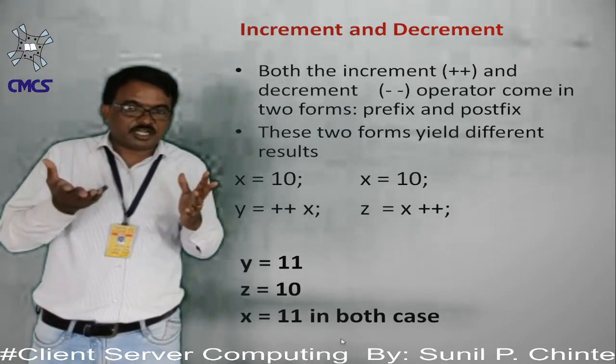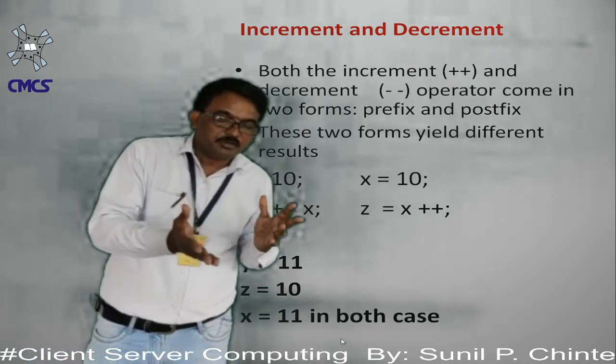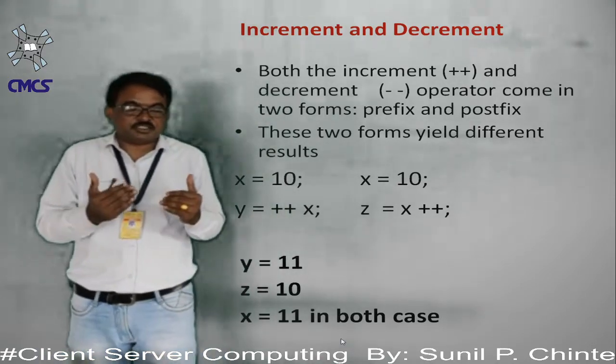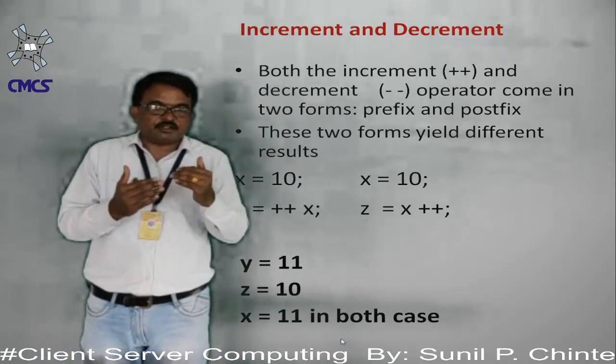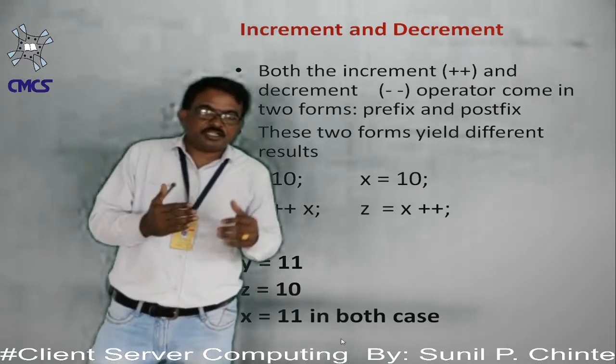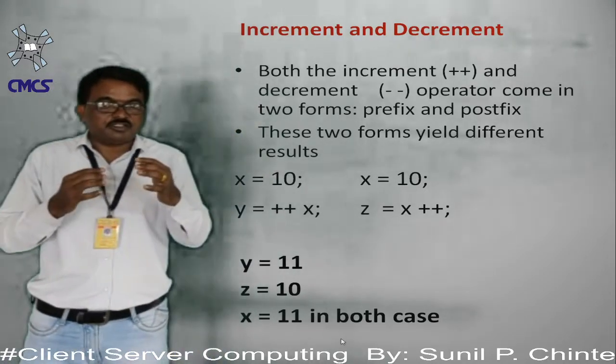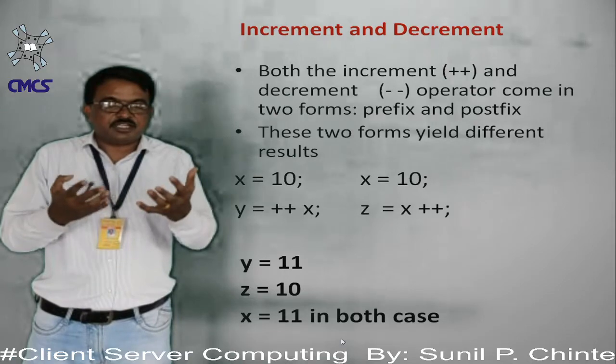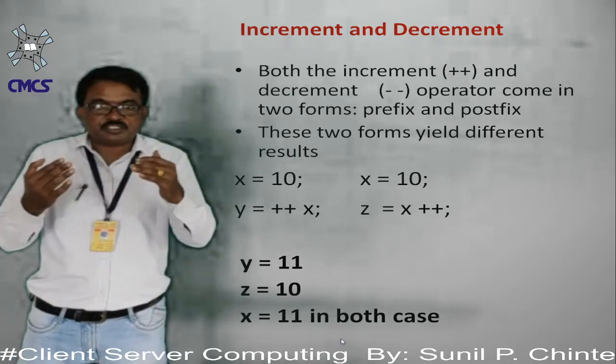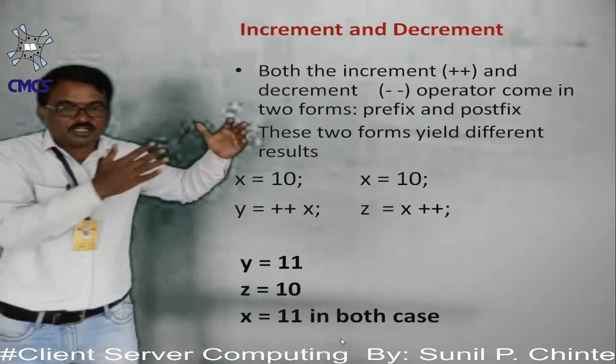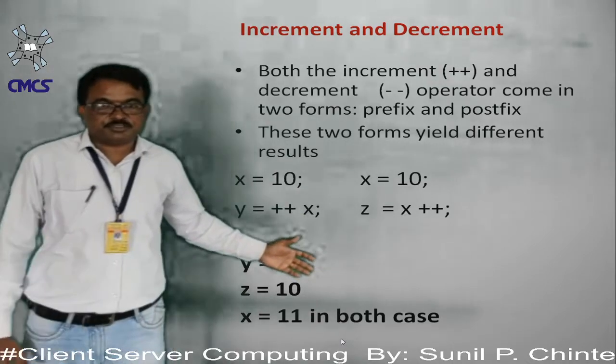Means we increase by 1 when we use the plus plus, but when we use the minus minus, it means we decrease the value by 1. But these increment and decrement operators can be used as a prefix and a postfix. So what do prefix and postfix mean? We can understand by using these examples.